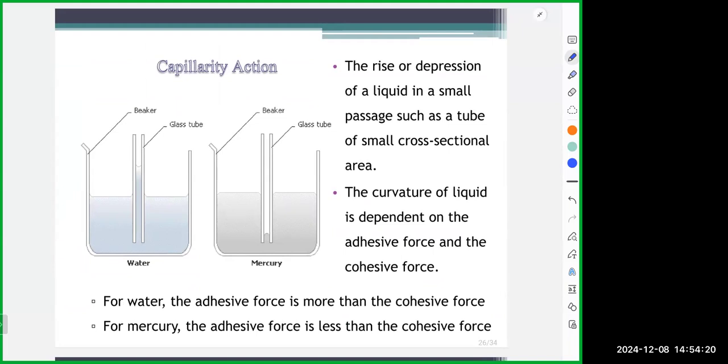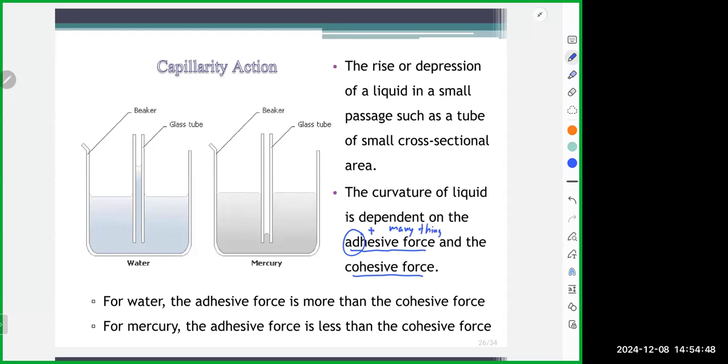is the capillary action. There are two forces that you have to understand. One is adhesive force, and another one is cohesive force. Adhesive, add is like plus, right? It's like many things.